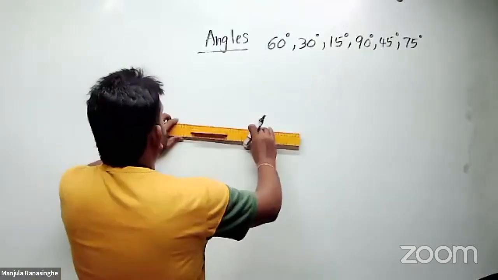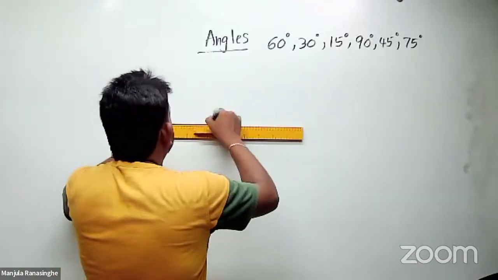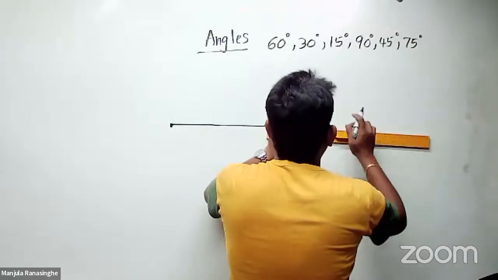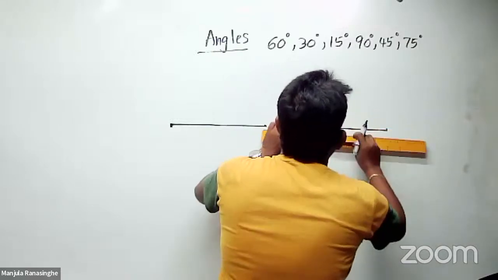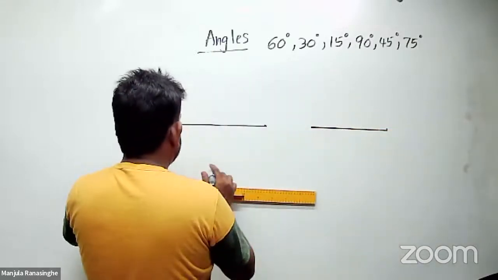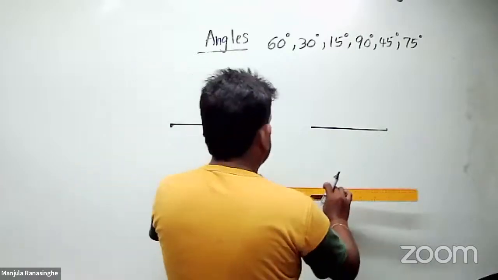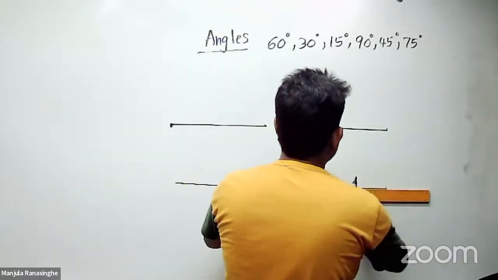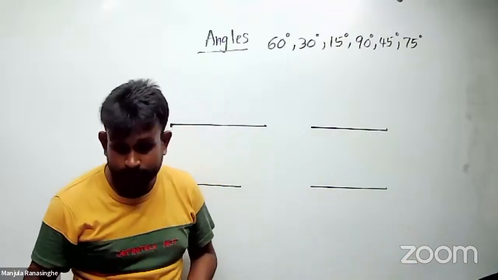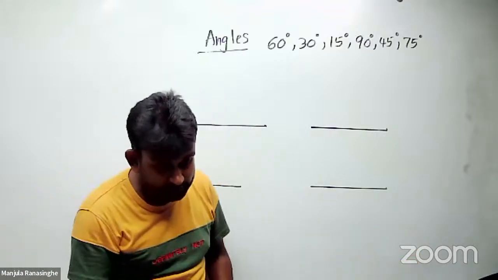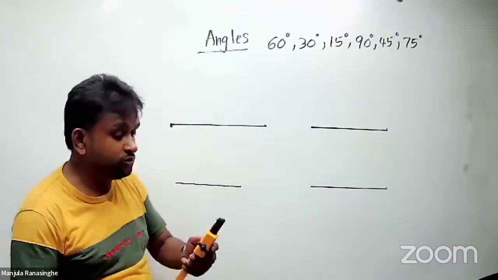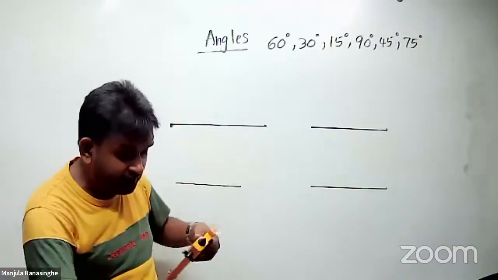So 60, these are known to you. Then I will show quickly 60, 30, and especially 90 and 75. So this is how to deal quickly. These are known to you, but I need to discuss the hard part.